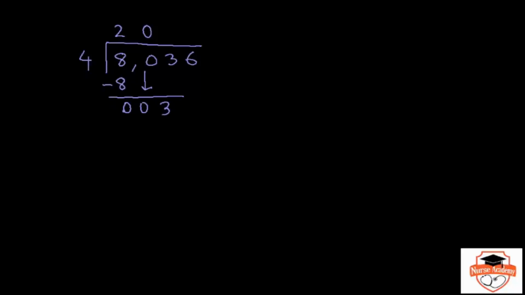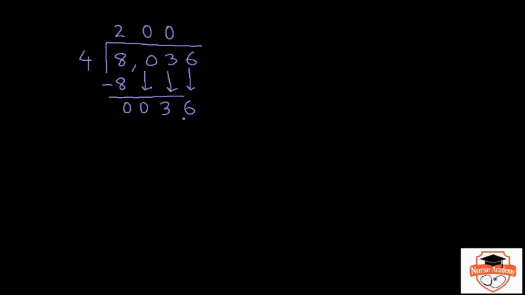Now can 4 divide 3? 0, 0, 3 is the same as 3. Can 4 divide 3? 3 is smaller than 4. Therefore, 4 can't divide 3. So you write another 0 over here to indicate 4 times 0 is going to give you 0, which is less than 3. So after that, you can bring down this 6 over here. Bring down the 6 to make it 36.